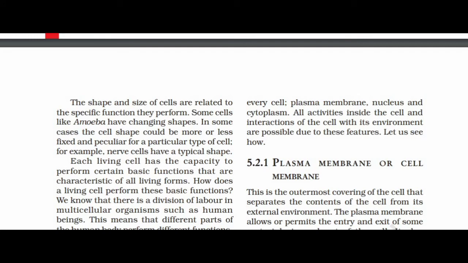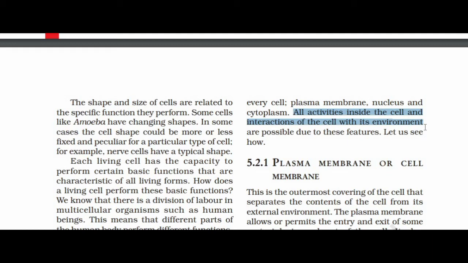All activities inside the cell and interactions of the cell with its environment are possible due to these features. Whatever activities are being carried out inside the cell, and interactions of the cell with its environment, meaning a cell and outside of the cell, the part outside the cell is called environment.